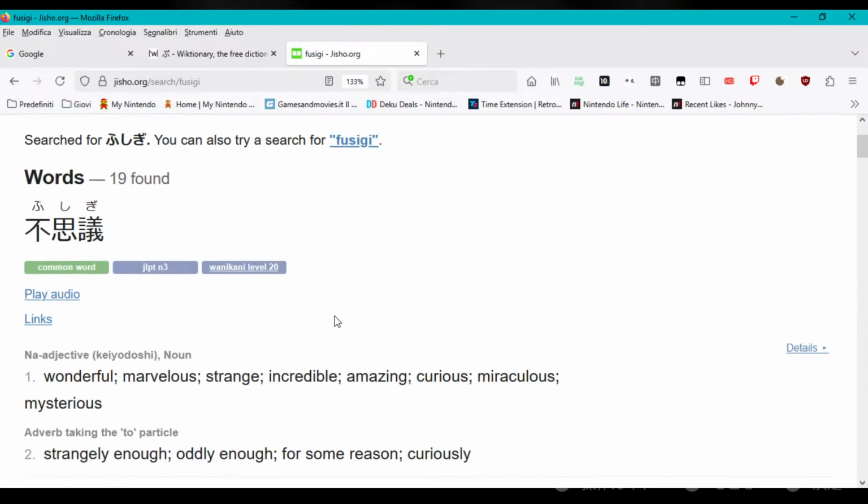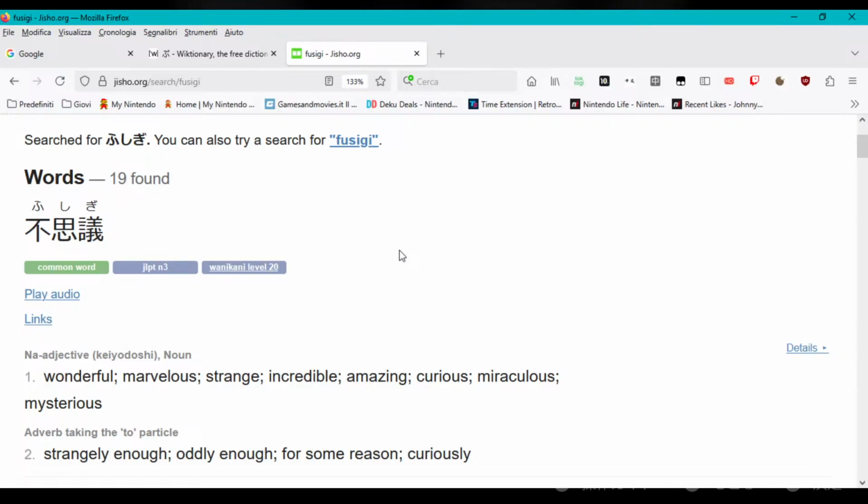We have to add na instead of no, which is, as we have seen, the possessive, and so that's what you usually use when you want to link someone or something's noun.